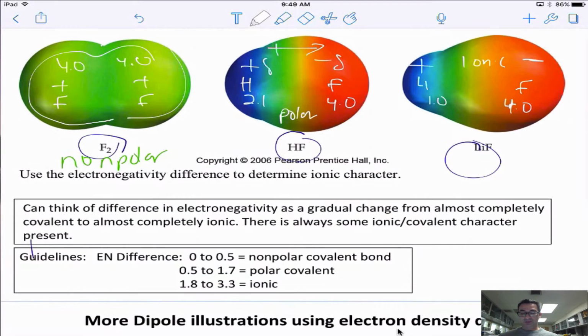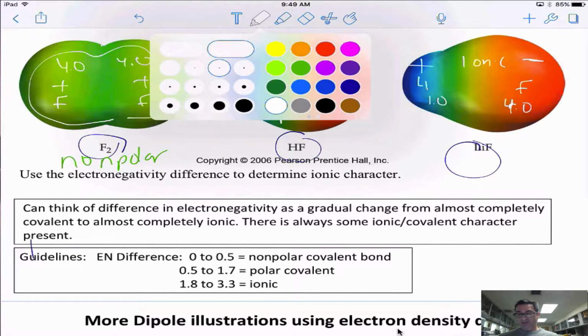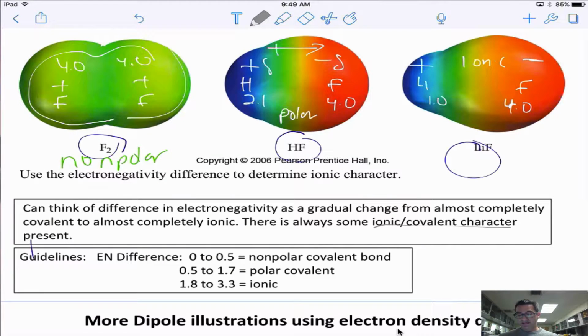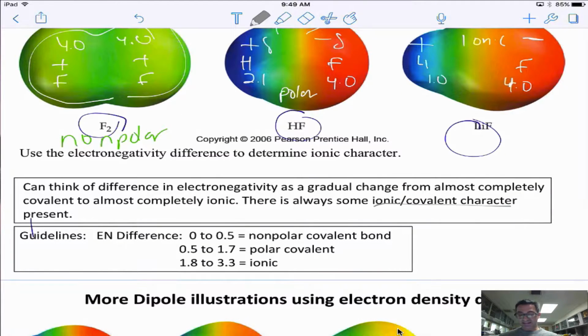Now, when we look at the difference in electronegativity, again, you need to think of this as a gradual change from sharing perfectly, where you're nonpolar, to where you are ionic. They call it ionic or covalent character, to illustrate the degree at which they're sharing. Now, I hate these cutoffs here, but I present them anyway because I know that a lot of times you'll hear about this.